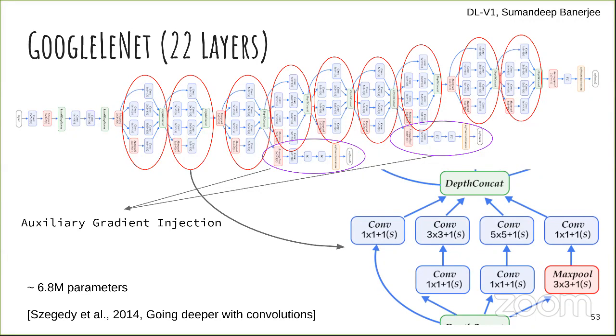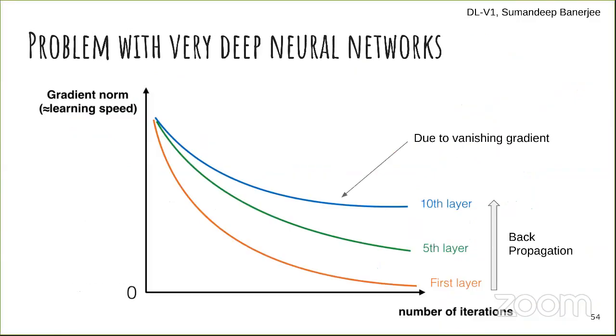It's practically the same repeated architecture. The Google guys made use of the network in network architecture, introduced the bottleneck layer for computational efficiency, and introduced the auxiliary gradient injection to solve the slow training issues of very deep networks. So a lot of innovations there.